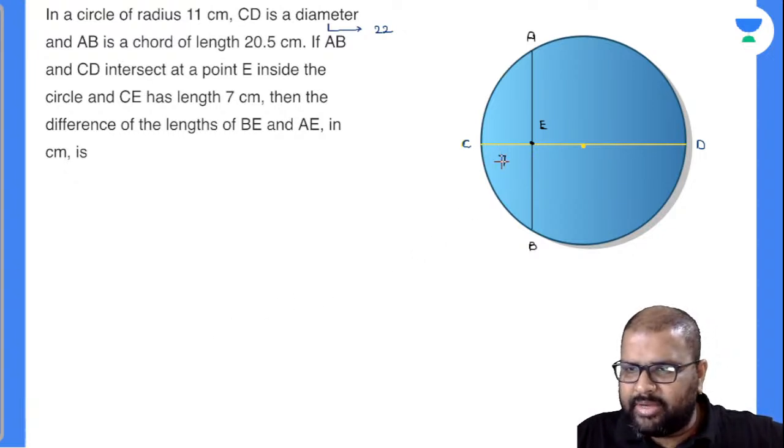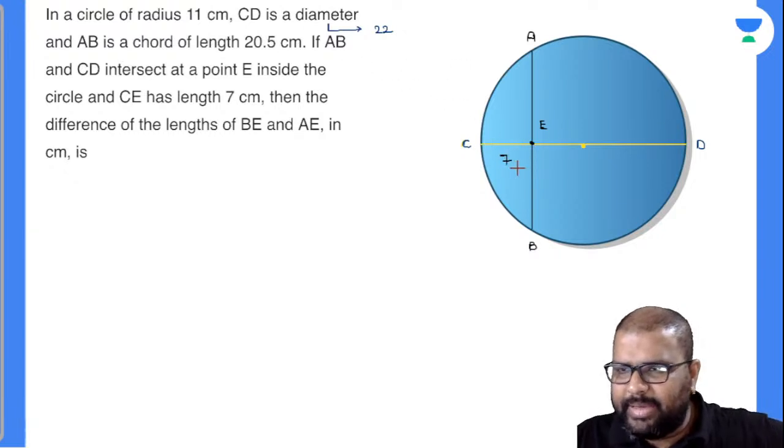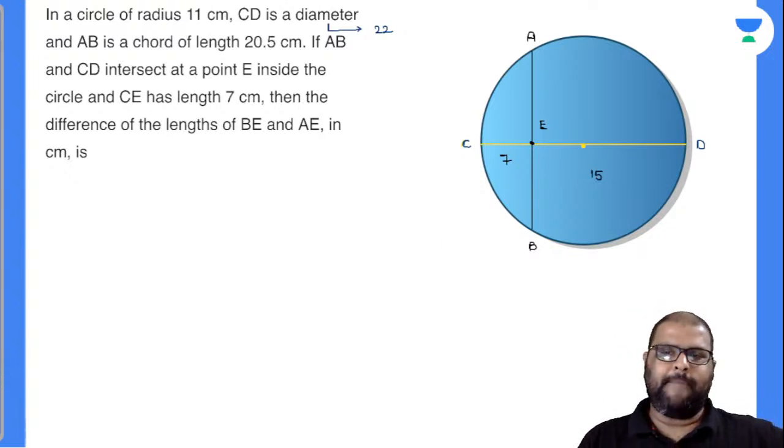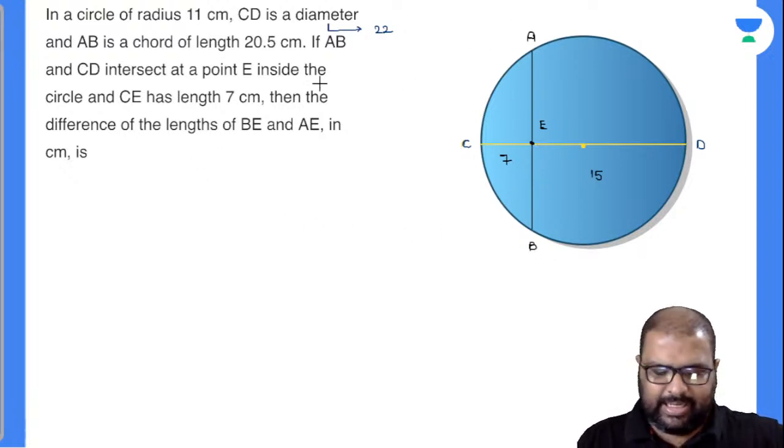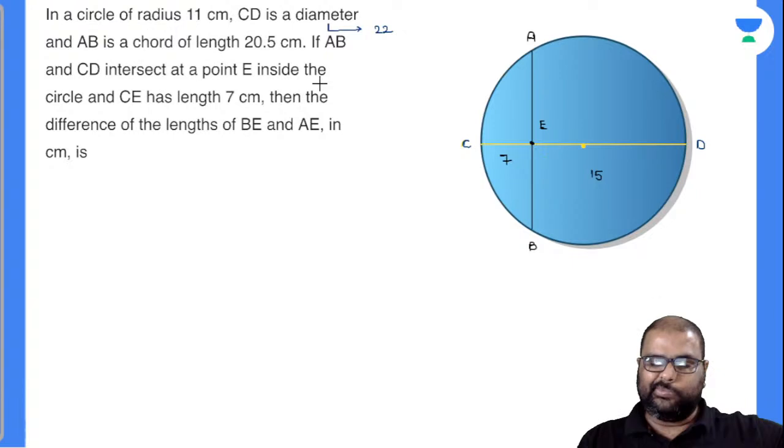Now total CD length is 22, so how much will be ED length? ED length will be 15. Am I right or wrong? 15 plus 7 is 22. Then the difference between the lengths of BE and AE in centimeter is the question asked here.